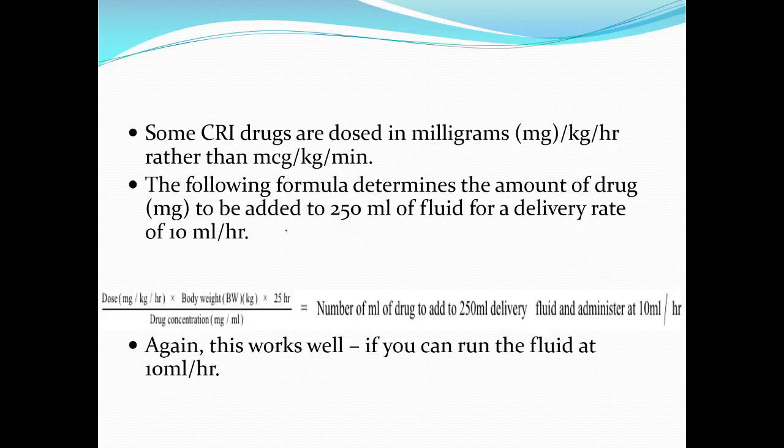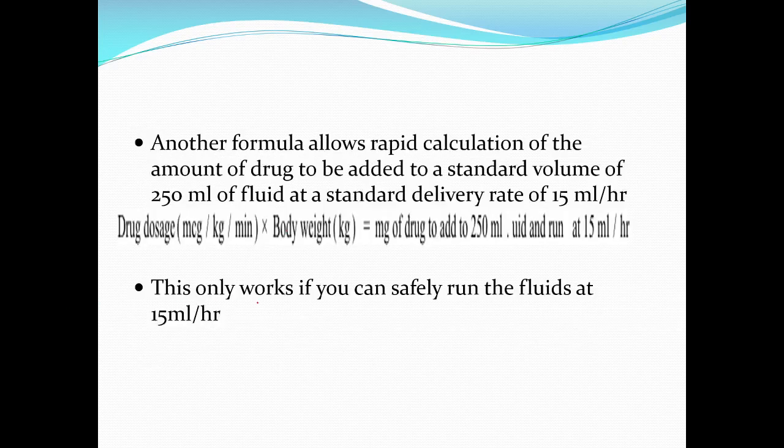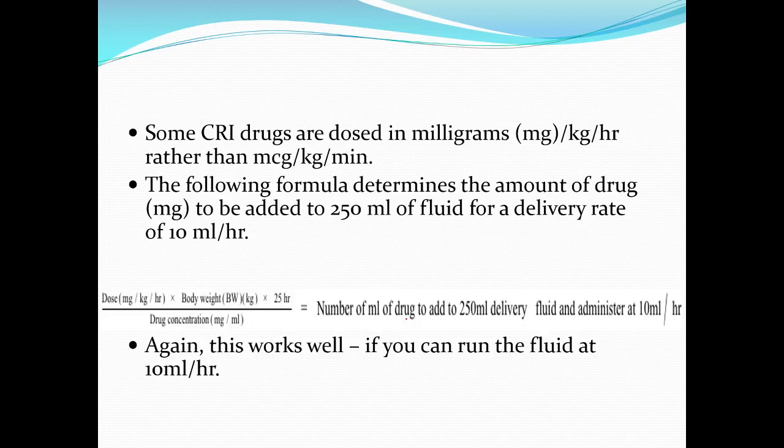It also is not safe to run fluids at 15 mils per hour for every pet. Some CRI drugs are dosed in milligrams per kilogram per hour, so you have to convert to micrograms per kilogram per hour. Going from milligram to microgram means multiply by 1,000.